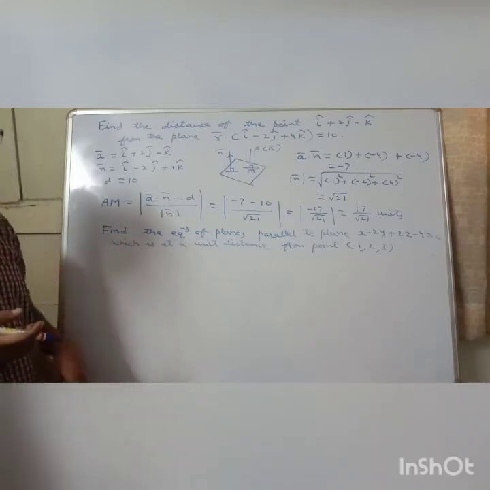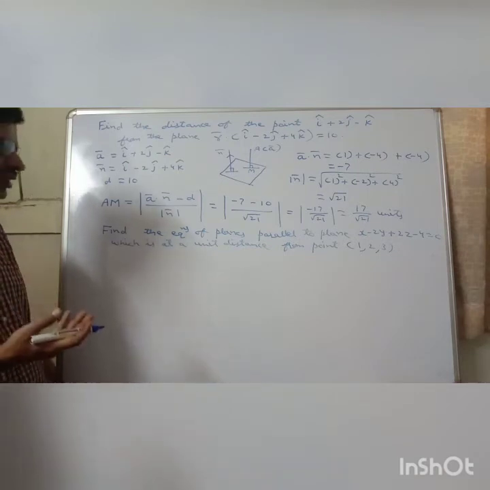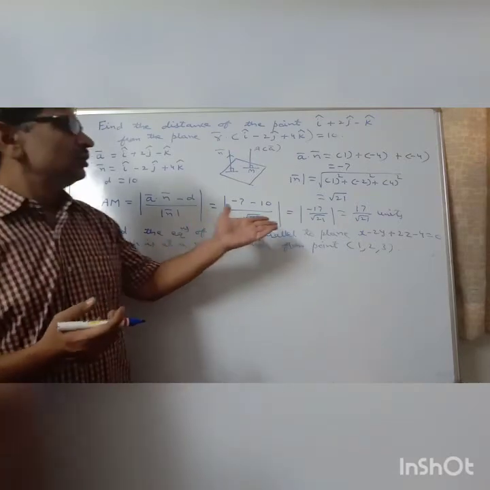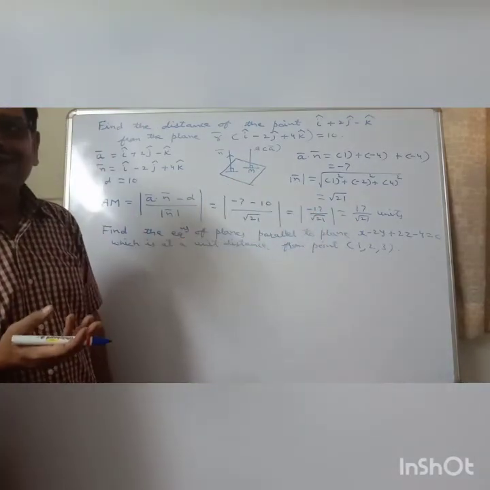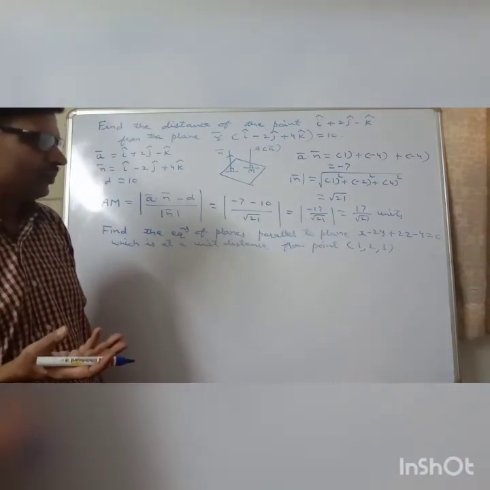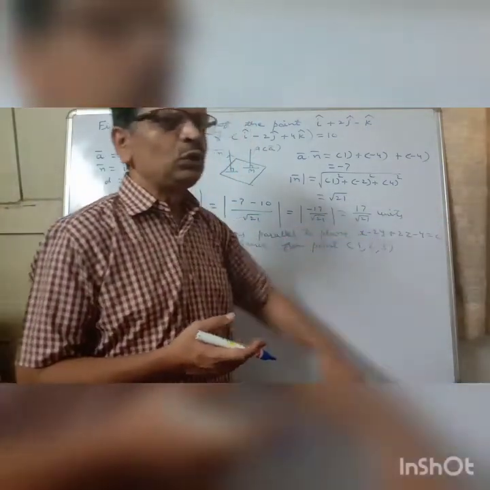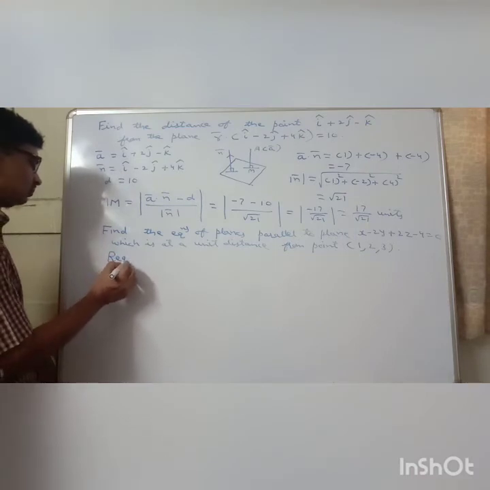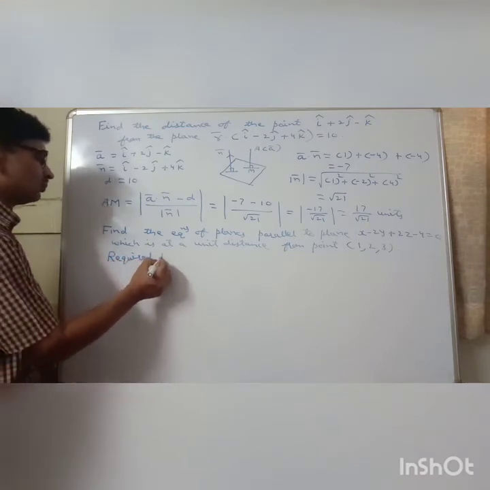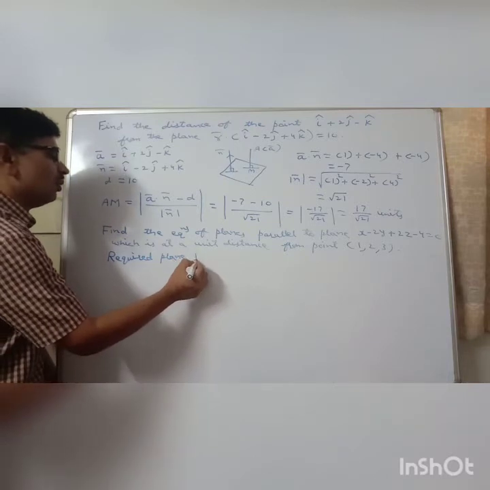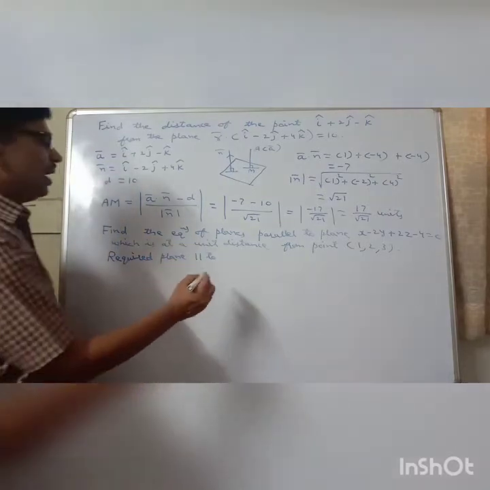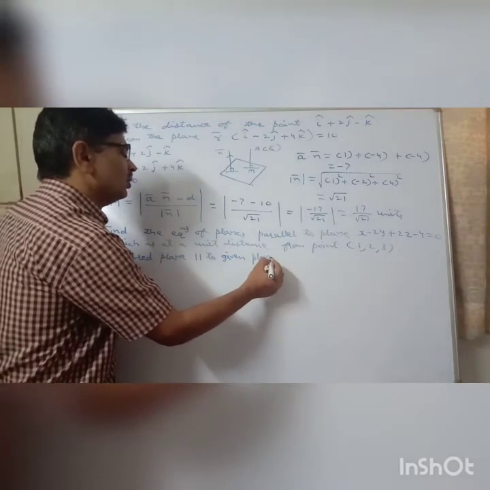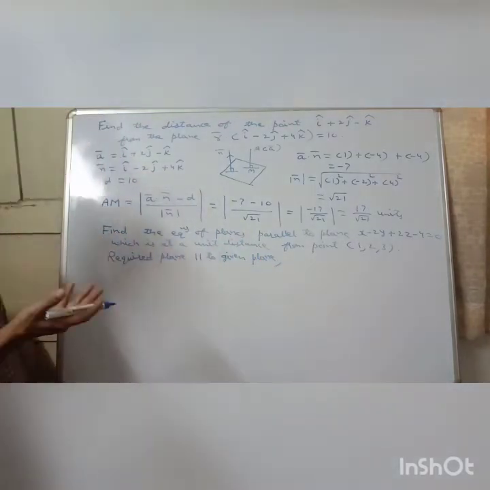When planes are parallel, direction ratios are proportional. So coefficients of x, y, z we may take same. What we have to change is constant.